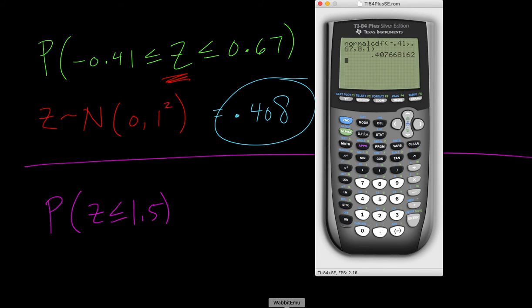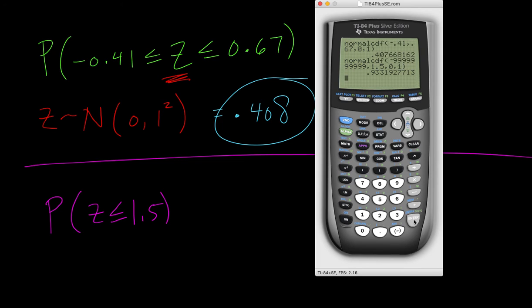Go back to the calculator. Second, catalog, N, normal CDF. Okay, our lower bound this time is negative 99999, like negative infinity. Our upper bound is 1.5. Our mean is 0, and our standard deviation is 1.